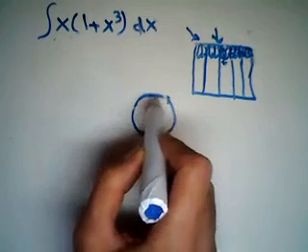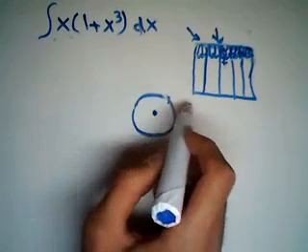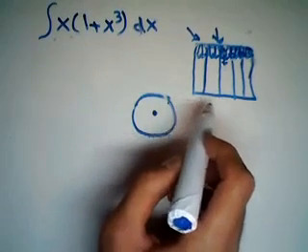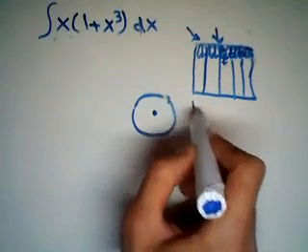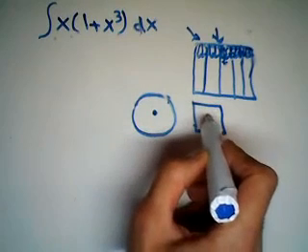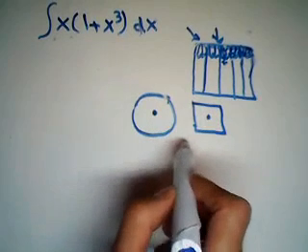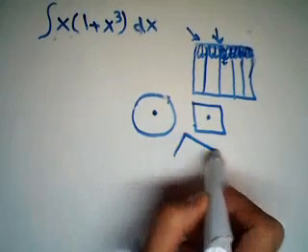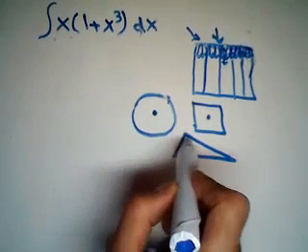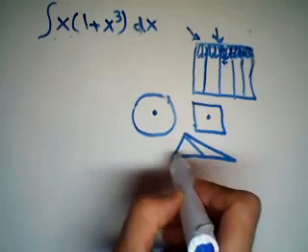Okay. Or the center of gravity of a square again is its center. The center of gravity of a triangle is the intersection point of its medians.